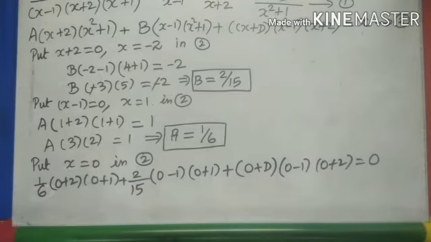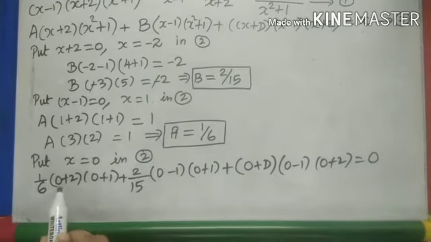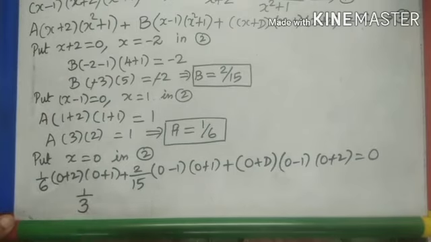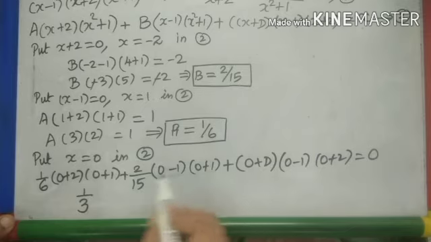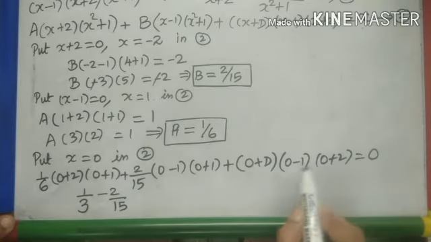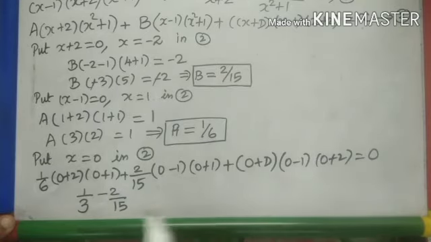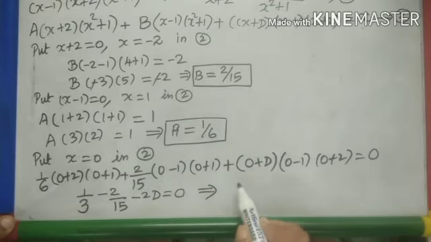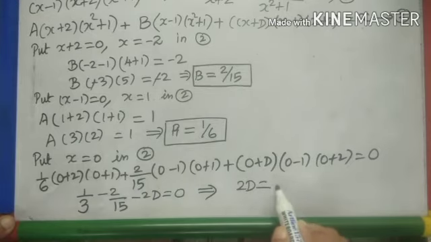Simplify this. This is 1, this is 2, and 2 by 6 reduces to 1 by 3. 1 into minus 1 into 2 by 15 means minus 2 by 15. 2 and this is minus 1. Minus 2d equals 0. I can simplify this. Minus 2d to the other side, plus 2d equal to.